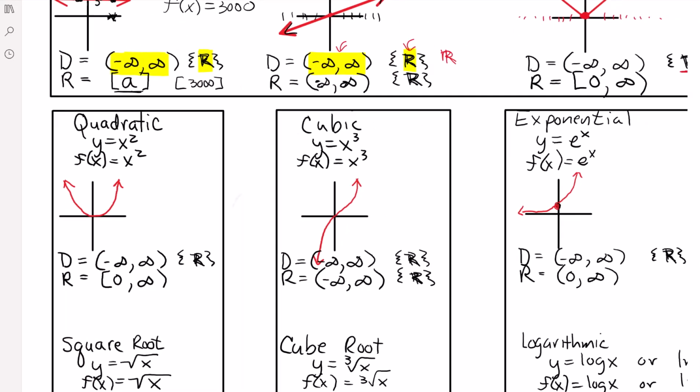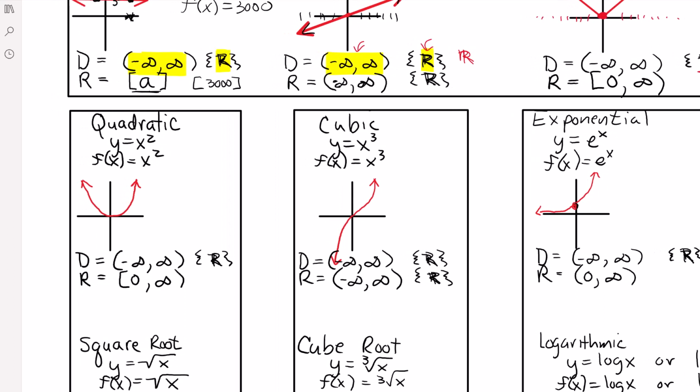Okay, the quadratic is similar to the absolute value in that it will have a minimum or a maximum. And that point is called the vertex. So the range will be the vertex headed towards positive infinity, or the range will be negative infinity up to 0.